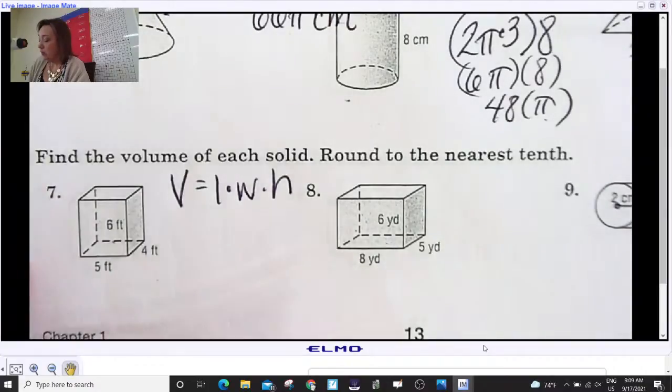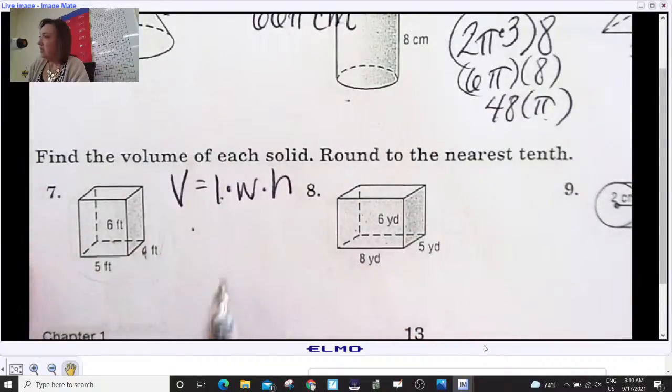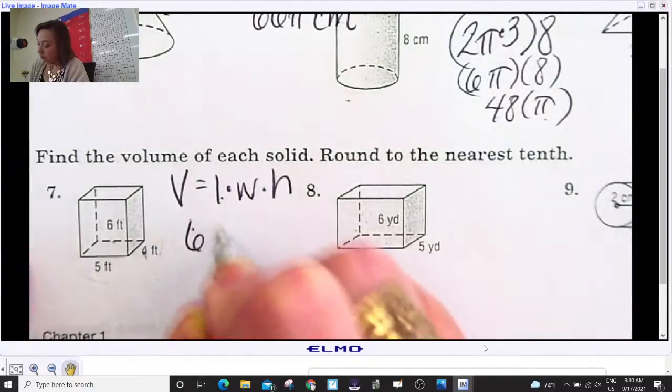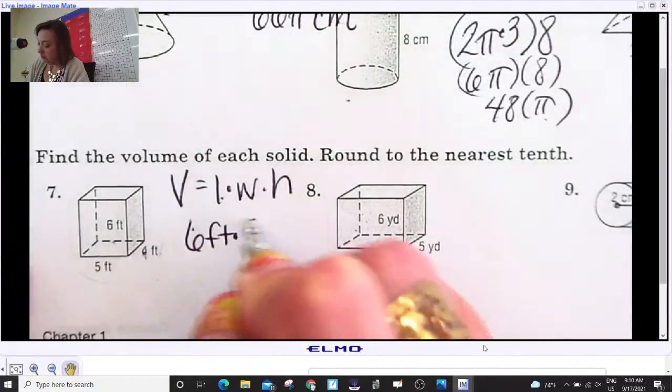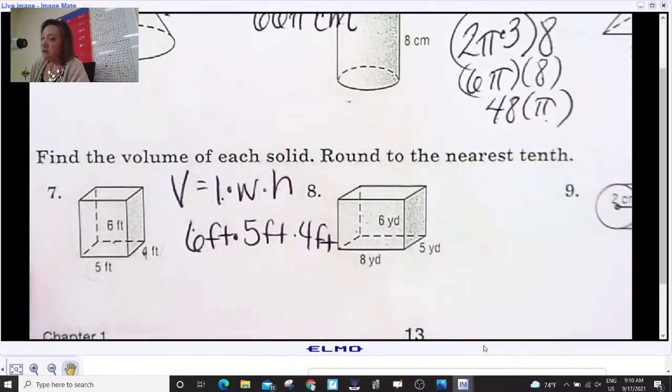3 dimensions. What are those 3 dimensions in this problem? Does it matter what we call length, width, and height? Traditionally, length is the longer one, but it really doesn't make any difference. So, 6 feet, 5 feet, 4 feet. You can multiply these in any order.